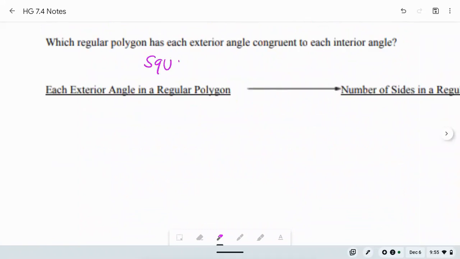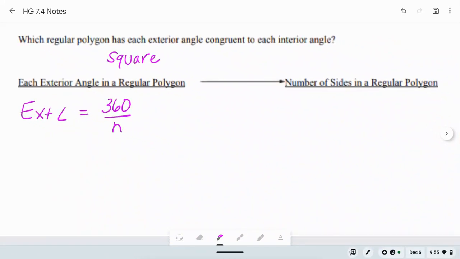That would be the square, since each interior angle is 90 degrees and each exterior angle is 90 degrees. So the formula to calculate each exterior angle in a regular polygon is going to be taking the sum of all the exterior angles, which is 360 degrees, and then just dividing it by however many sides there are.